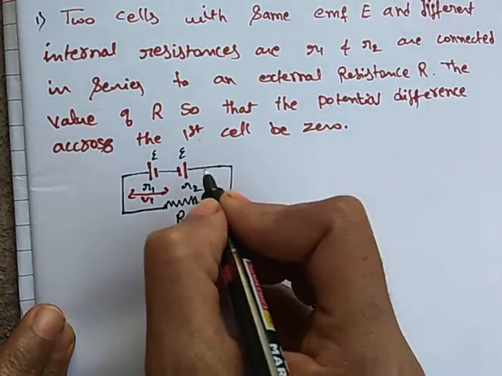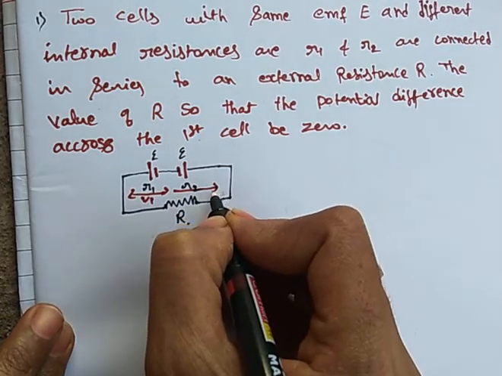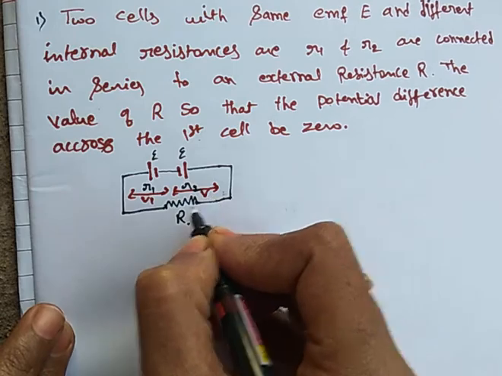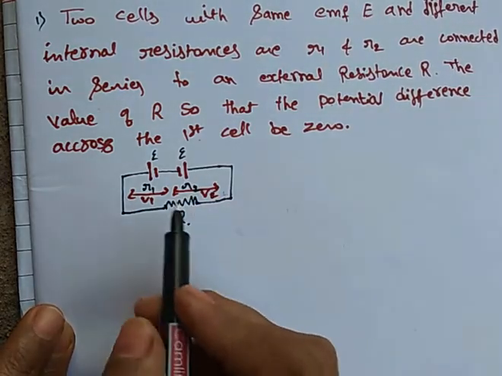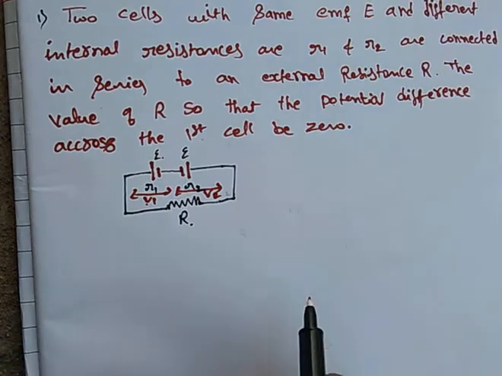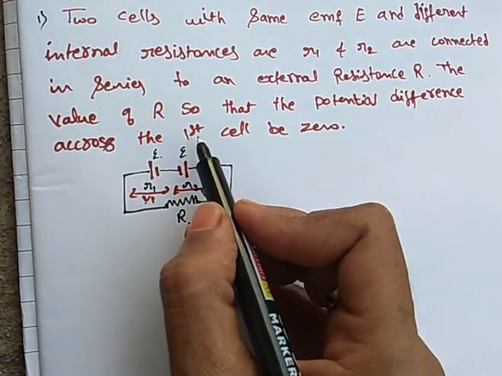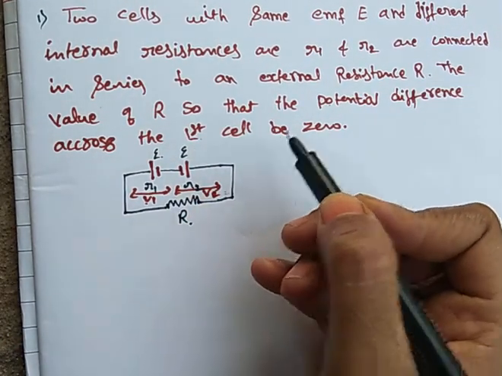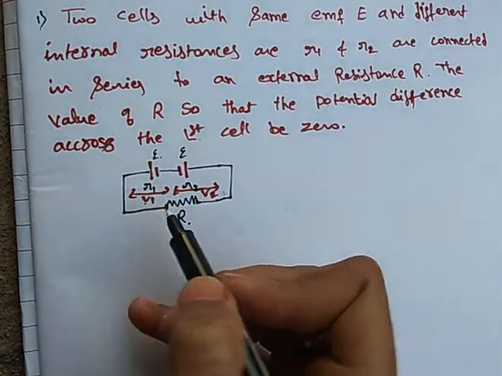In series, the potential varies, but the current remains constant throughout the circuit. So the potential across the first cell is V1 and across the second cell is V2. They have mentioned the first cell, so we consider only the first cell.